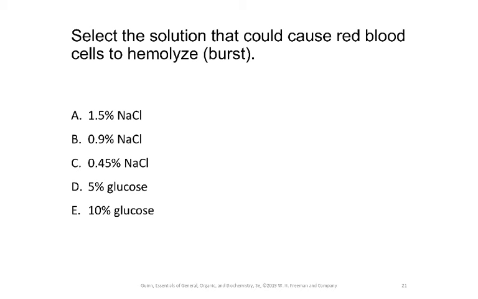So normal physiological saline solution would be 0.9%, and so lower or hypotonic would be 0.45%. Okay, 1.5% is hypertonic, right? That would actually cause crenation or shriveling. That would cause water to flow out of the cell. 0.9% is good.